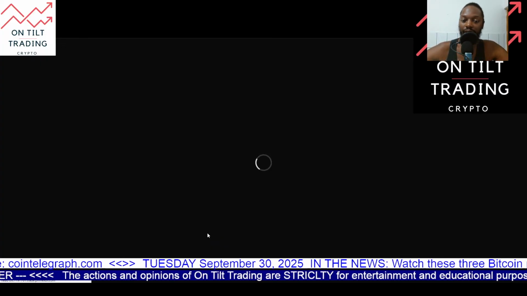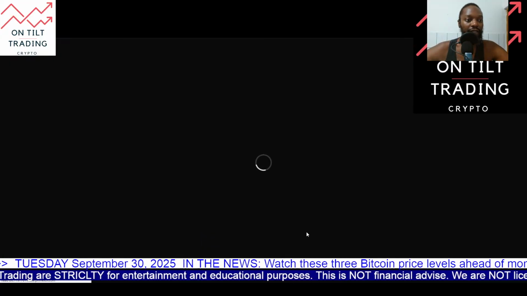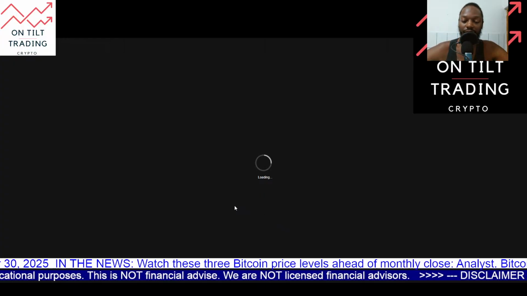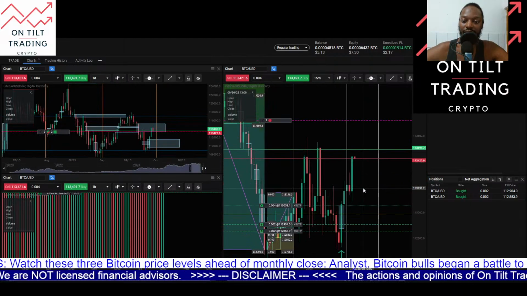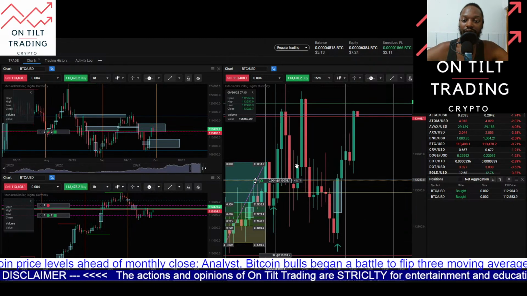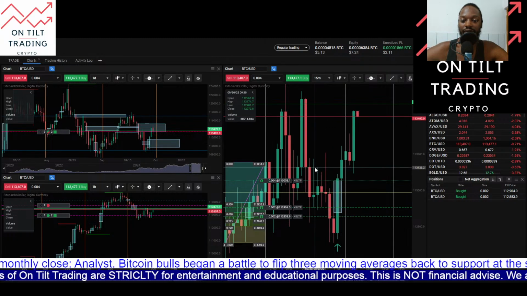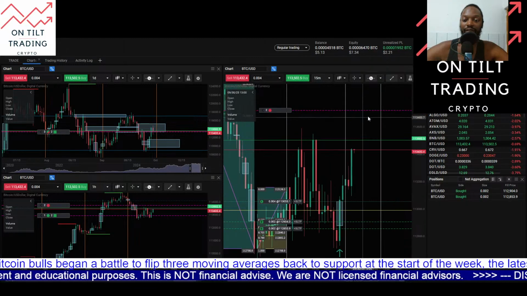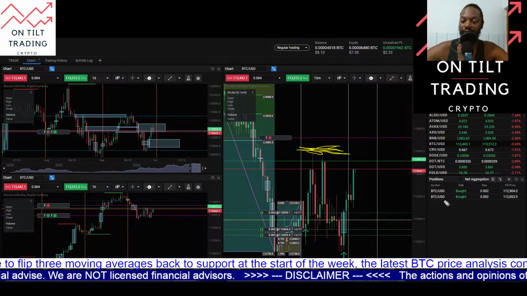It looks like price is ready to deliver to the buy side. So price is not expected to redeliver to the sell side here. So I want to take this order off as I'm anticipating price to sweep buy side liquidity right up here.